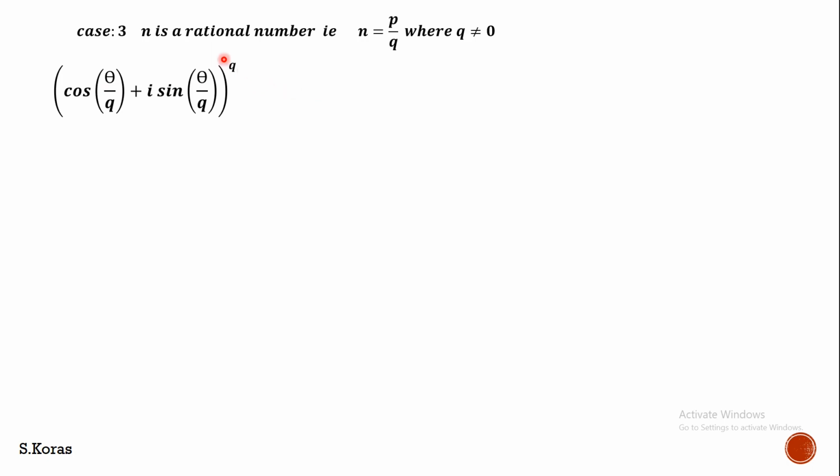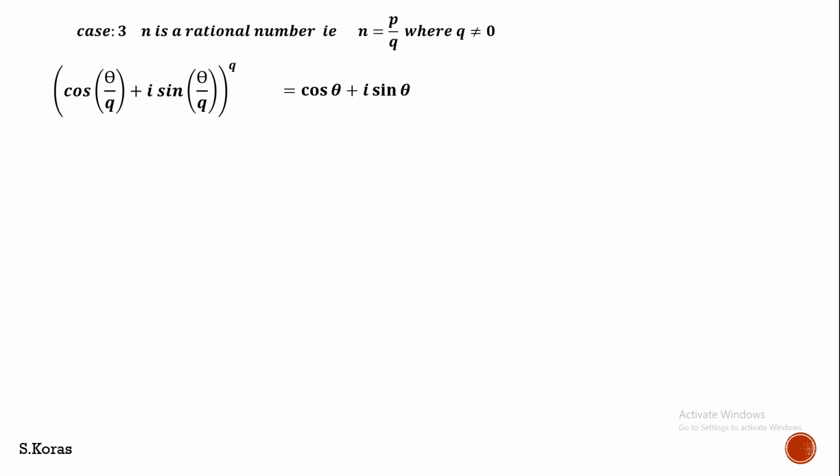So q is an integer now, so we can bring it inside. Then q and q will get cancelled, so the final answer will be simply cos theta plus i sin theta. So we can write (cos theta by q plus i sin theta by q) the whole power q as cos theta plus i sin theta.